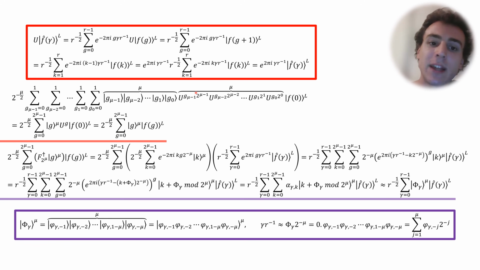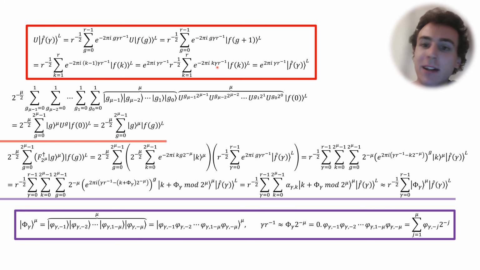So if we consider the case where k is equal to r, what complex exponential are we going to have? If we put r as a value of k over here, that is going to cancel with this r to the minus 1. So k is going to be equal to r, and it's going to multiply with r to the minus 1, and that's going to give 1. So the only thing we'll be left with is gamma in this complex exponential. So we have e to the minus 2 pi i gamma.